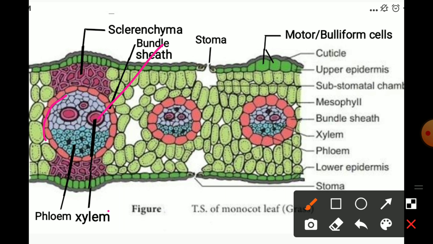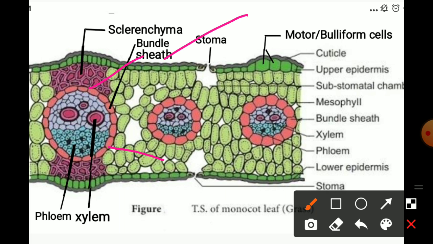This red color is the bundle sheath. This is the kavach or protective sheath protecting the xylem and phloem, which is a conducting tissue present in the form of vascular bundle.